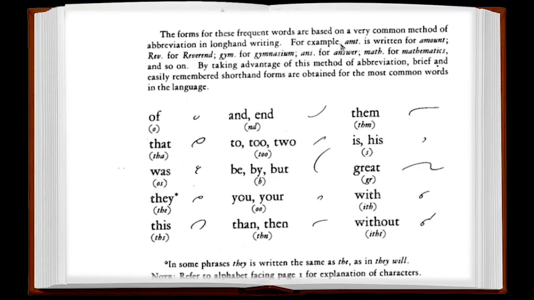For example, AMT is written for amount, REV for reverend, GYM for gymnasium, ANS for answer, MATH for mathematics, and so on. By taking advantage of this method of abbreviation, brief and easily remembered shorthand forms are obtained for the most common words in the language.